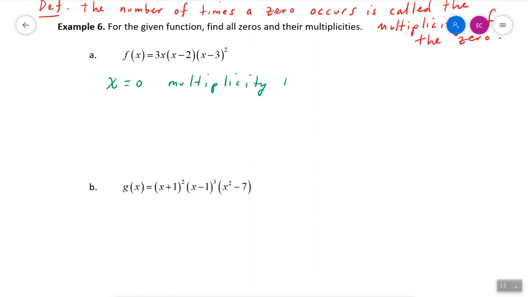And then you have a factor of x minus 2. And so you set that equal to 0 and you get x equals 2. And again, the multiplicity is 1.